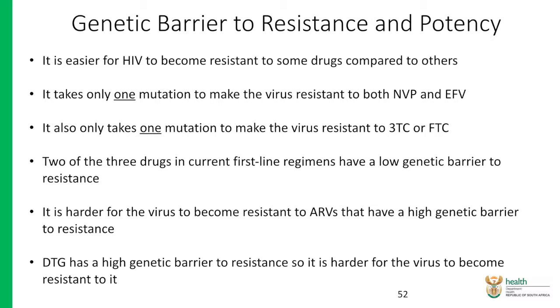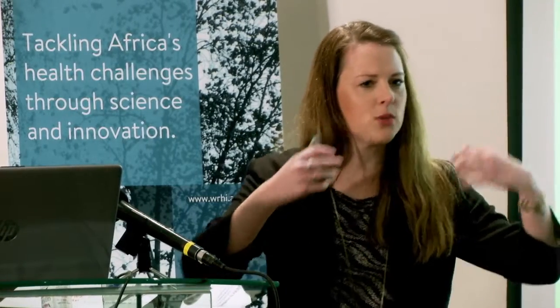What that means is that some drugs, like efavirenz, nevirapine, 3TC, emtricitabine, they only need one mutation to become resistant to that drug. So we call that a low genetic barrier to resistance. So the HIV multiplies, it makes one mutation, and now it's resistant to those drugs. So it can happen very quickly and very easily.